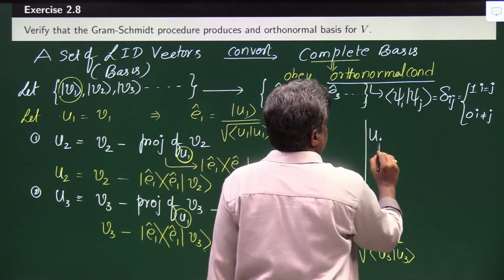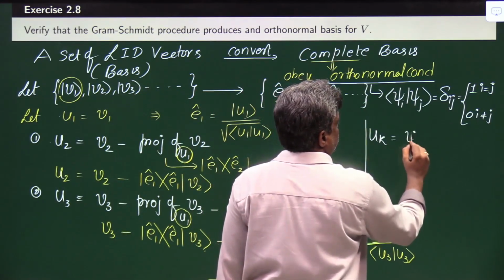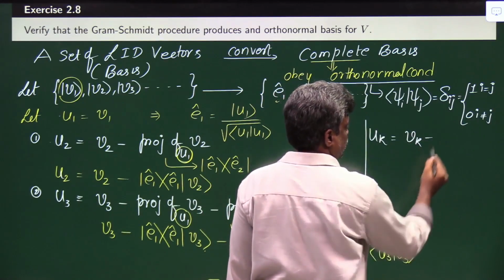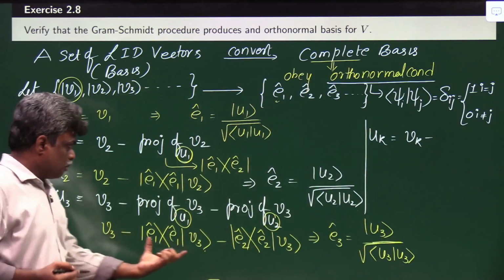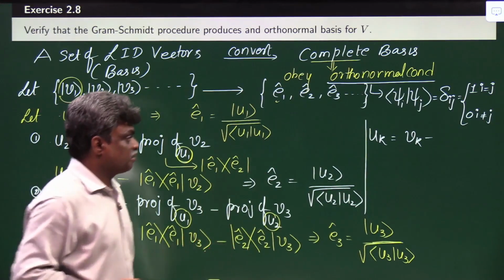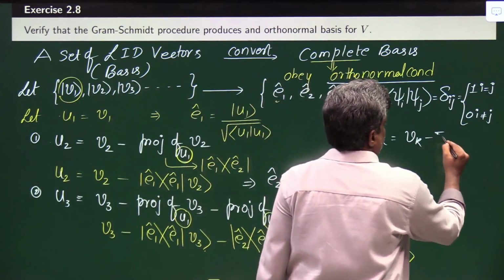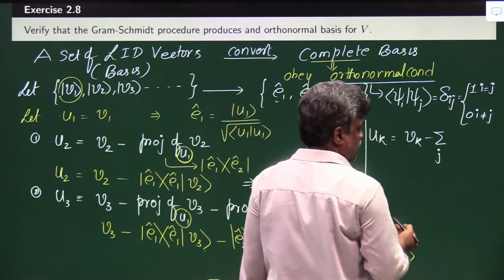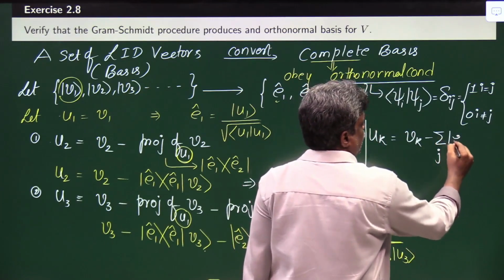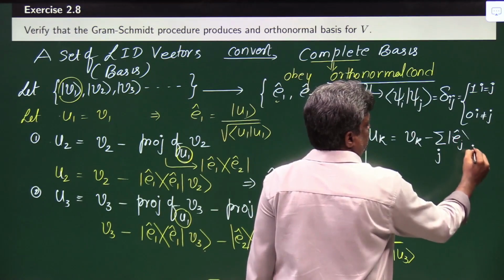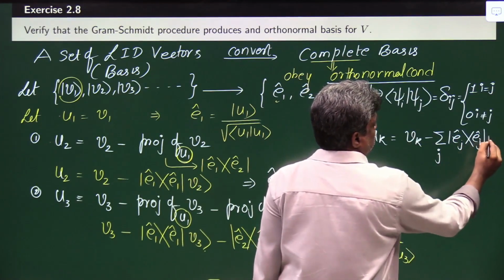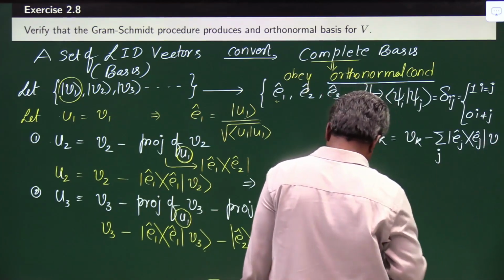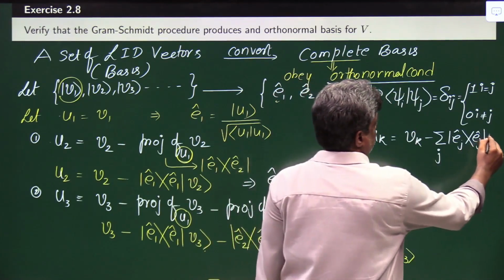We have to find this UK from VK minus, here is a summation. If you observe carefully, for V3 we got two terms here. So summation, I'm taking some other dummy index J, I'm taking the outer product EJ, which operates on VK.